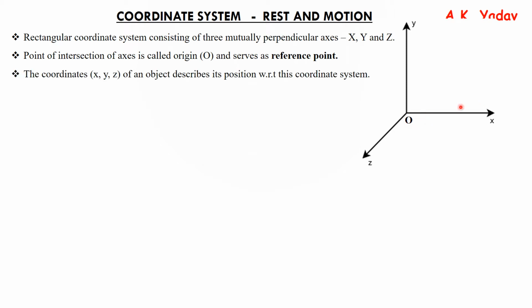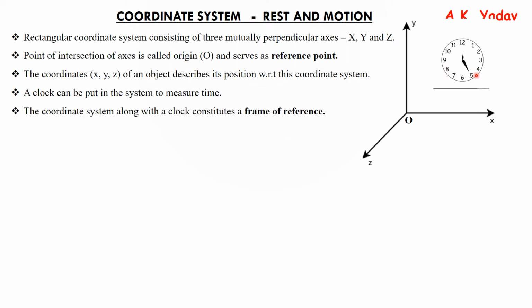The coordinates x, y, and z of an object describe its position with respect to this coordinate system. Now, if we put a clock in the system to measure time, then the coordinate system along with the clock constitutes a frame of reference.